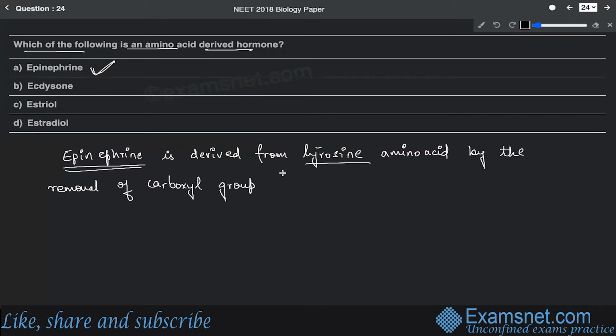Epinephrine actually belongs to the category of catecholamines.